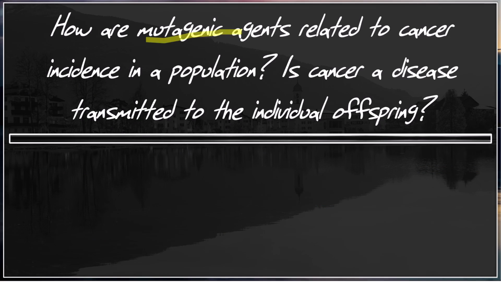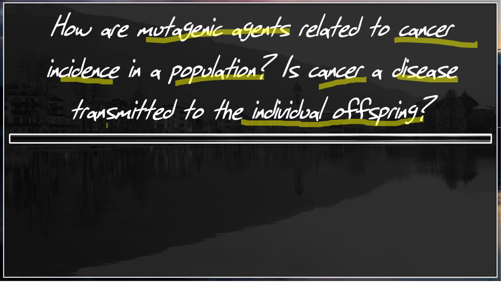How are mutagenic agents related to cancer incidence in a population? Is cancer a disease transmitted to the individual's offspring?